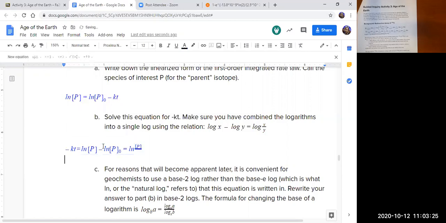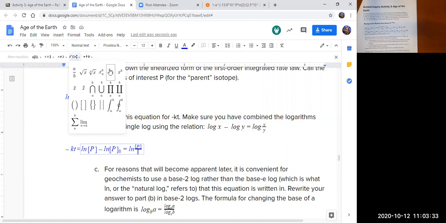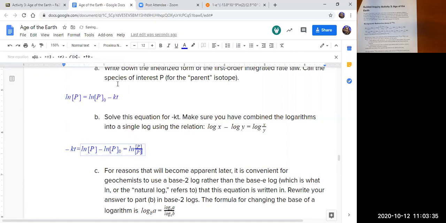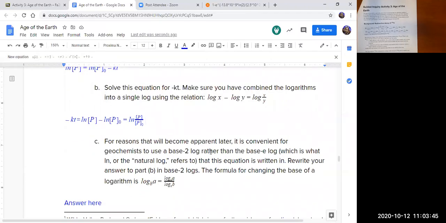I keep wanting to use a down arrow to get to the bottom and that doesn't work very well. I'm going to do a subscript, p sub 0. Okay. Any questions at this point? So this is just doing the step that you're told to do.